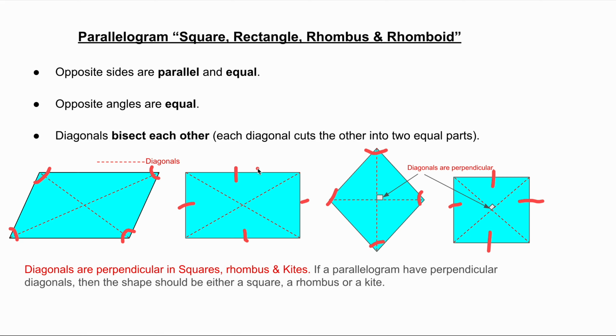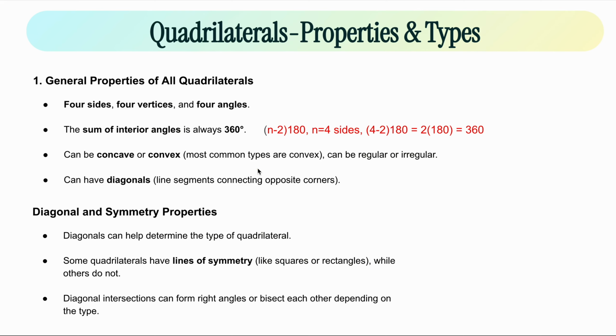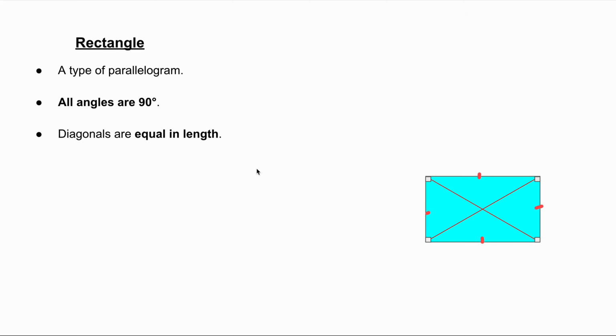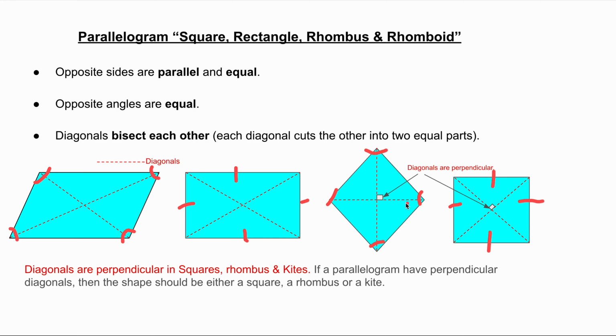So again, it's very important to know the properties of quadrilaterals because, for example, if we're looking at this shape and I see that the diagonals are perpendicular, I know that it's either a rhombus or a square.